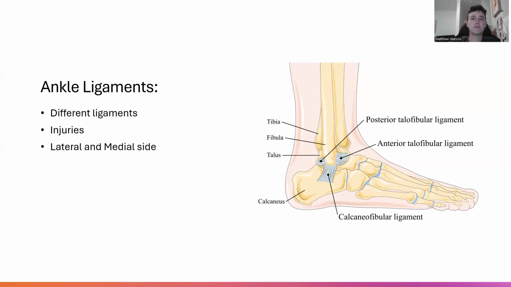A systematic review with meta-analysis by Farzin Halabichi and Mohammed Hasibi found that lateral ankle ligaments are involved in about 85% of ankle sprains.